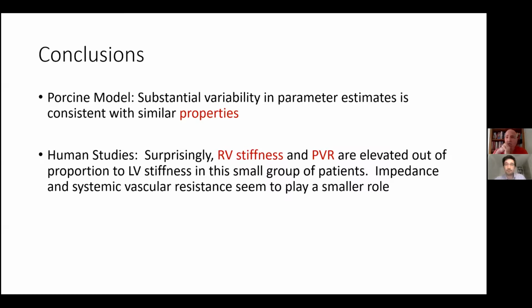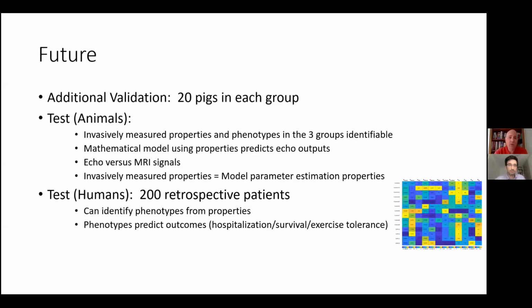And in the human studies, we found some changes in right ventricular stiffness and pulmonary vascular resistance that were out of proportion to what we found with respect to the LV stiffness and the afterload. So in the future, obviously, there's a lot more that we would need to do here in terms of validation with the animals, and then we have plans to do a larger patient cohort. So appreciate the opportunity to present our data.